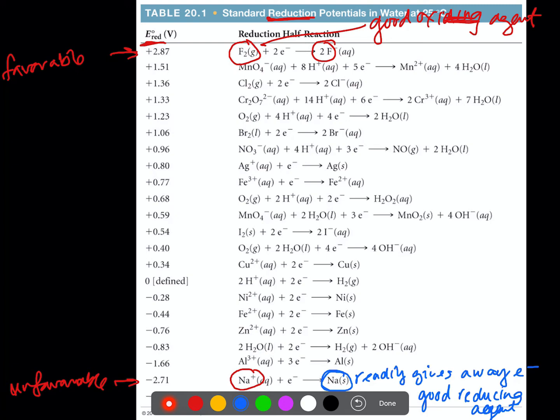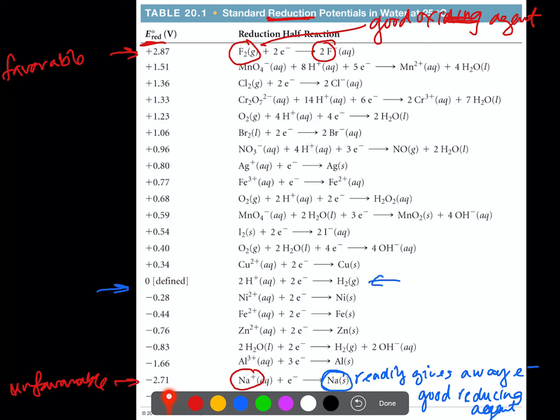Okay, and then here is your standard hydrogen electrode, which is not favorable in either direction, and that's the standard by which everybody else's reaction E0 value is measured, which goes back to that figure in your book, where we have our SHE compared to some other reaction, and that's basically how we're setting our values based on this one right here.